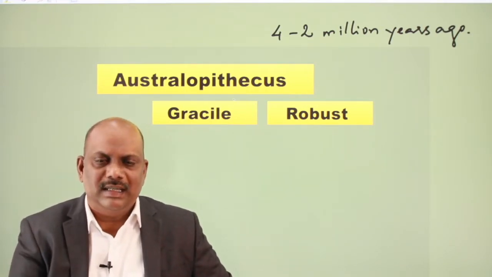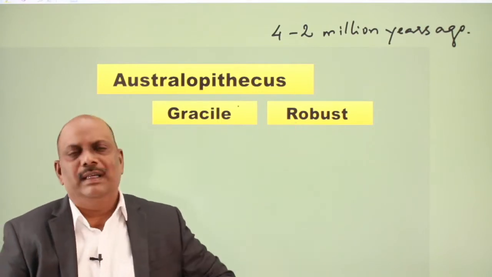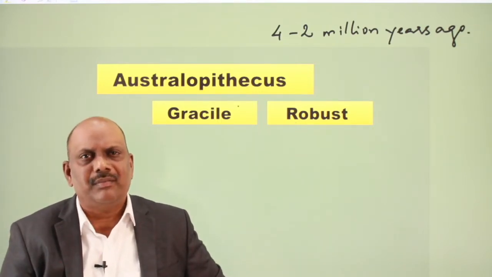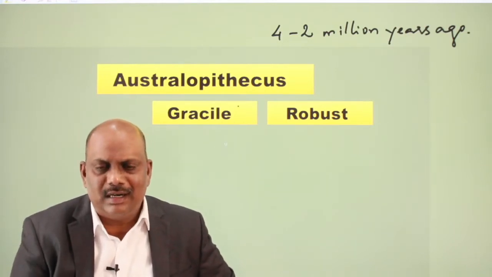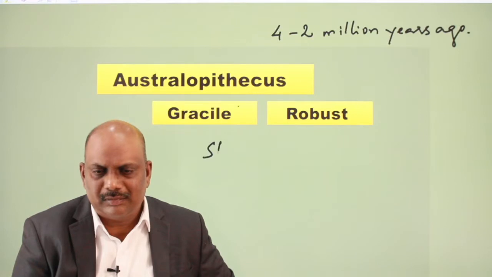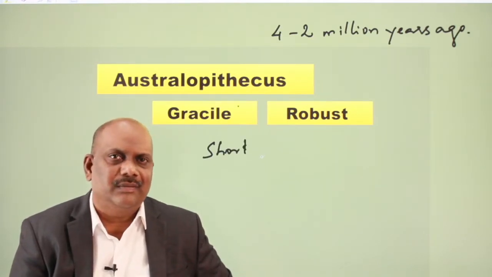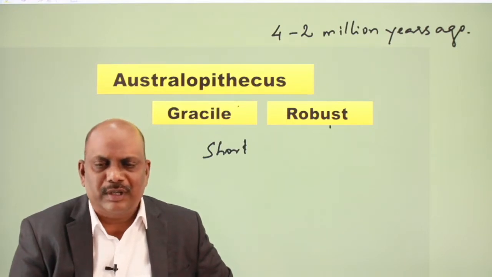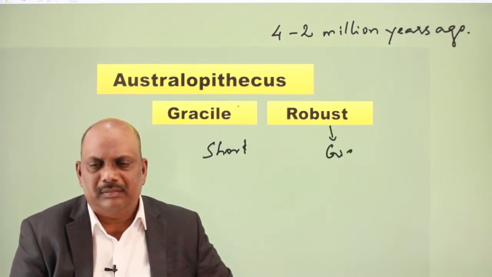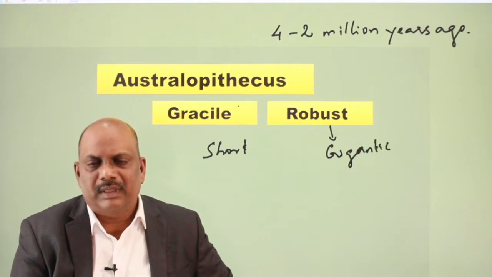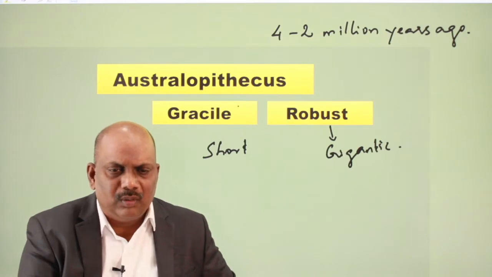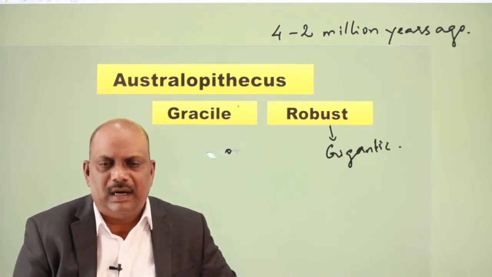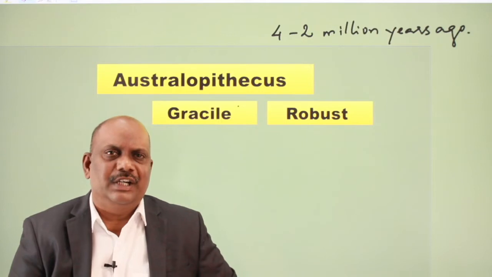One is gracile and the other one is robust. Gracile is a short and slender form of Australopithecus, while robust is a gigantic form of Australopithecus. One is short and slender, and the other one is gigantic.